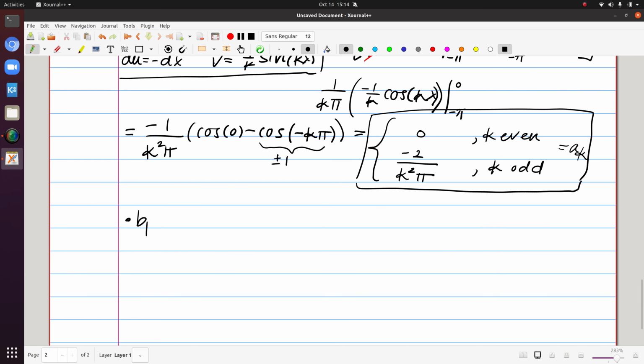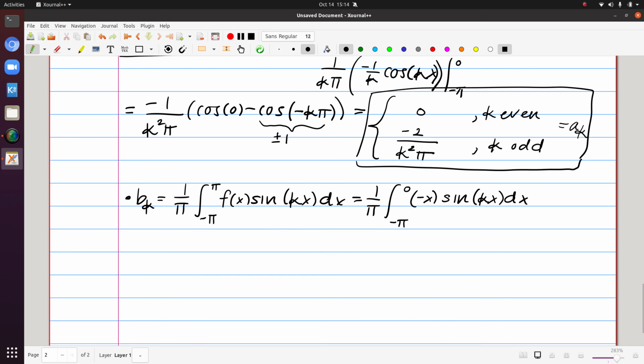We need to find b sub k, which would involve 1 over pi, the integral from minus pi to pi of f of x times sine kx. And again, that can be written as just looking at the interval from minus pi to 0, because on the other part of this, f of x is defined to be 0.